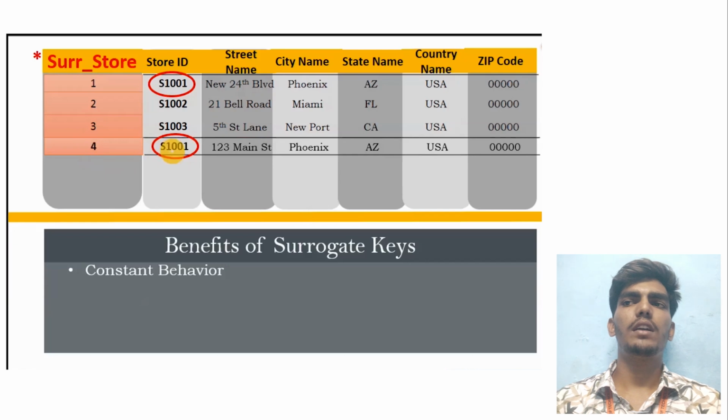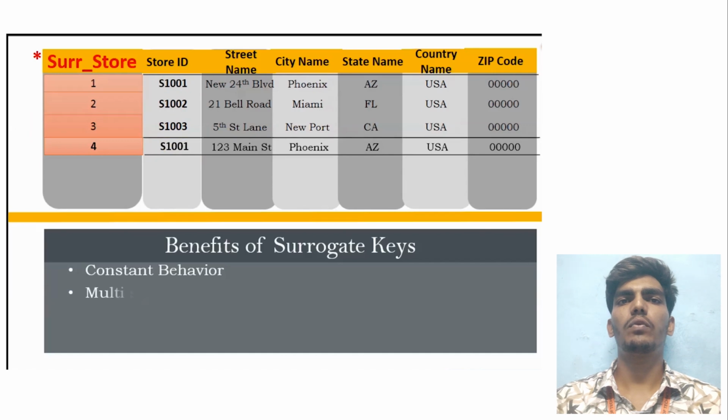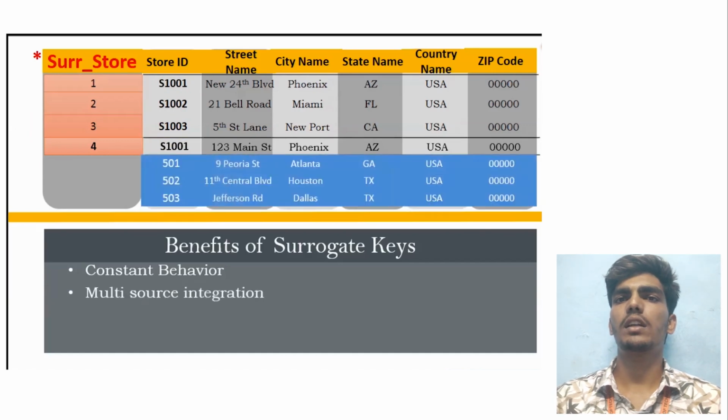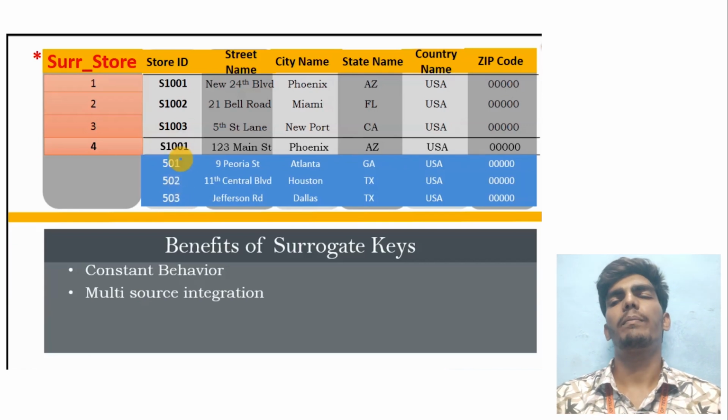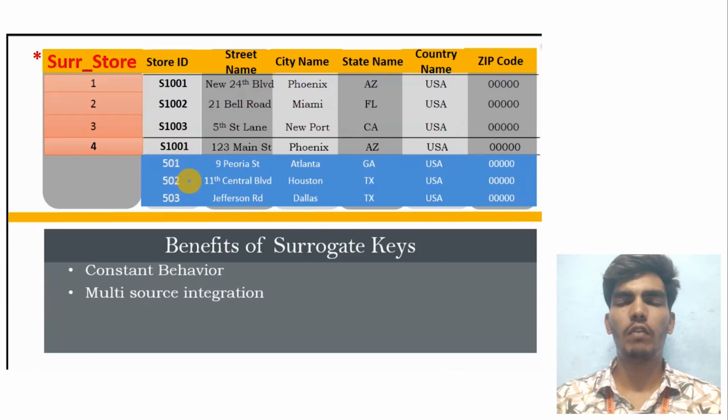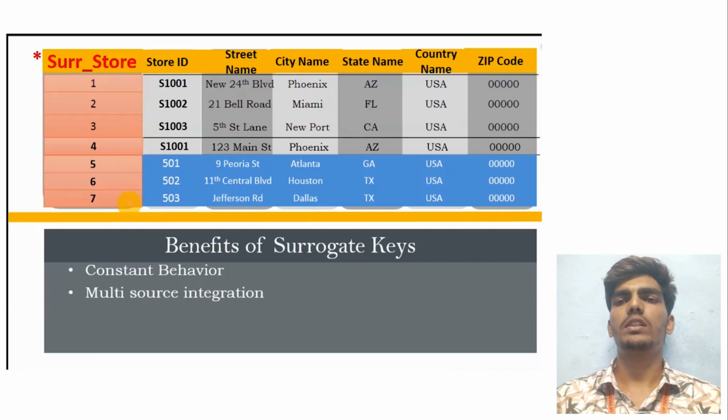There will be no dependency on the natural keys. Another example, when a store ID is required for a retail business, managing numeric values is easy, and they merge easily with the help of the surrogate key, and there is no question of compatibility now.